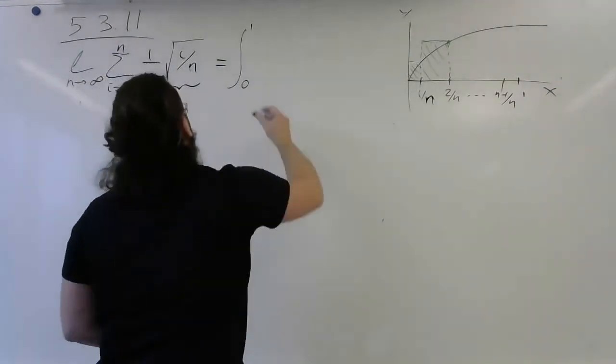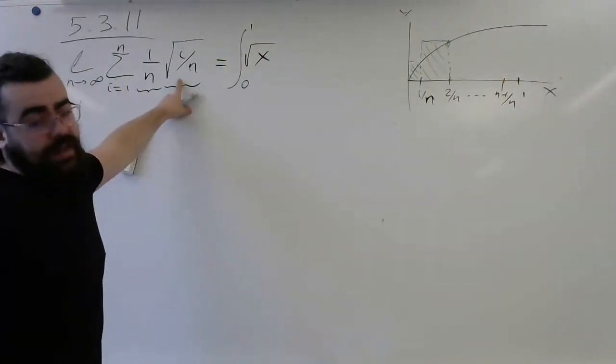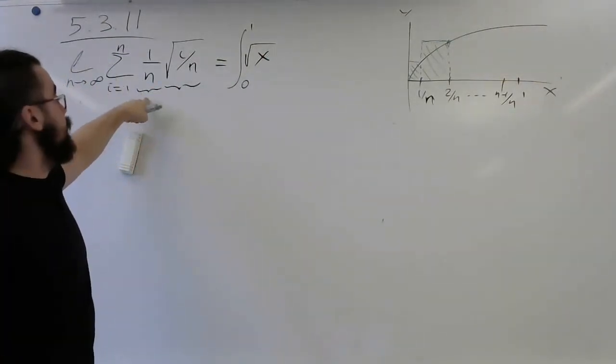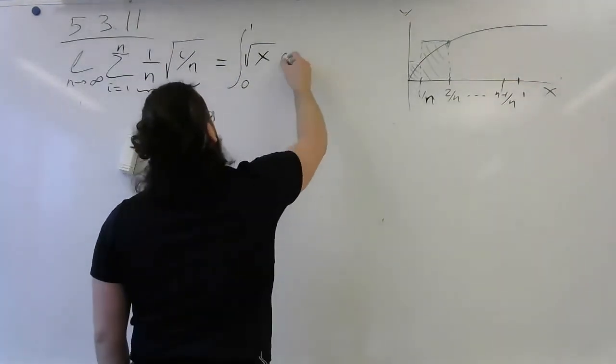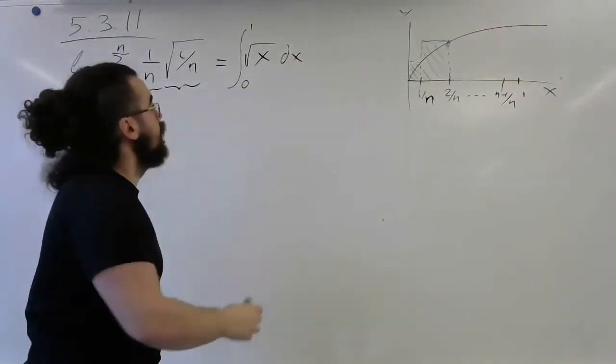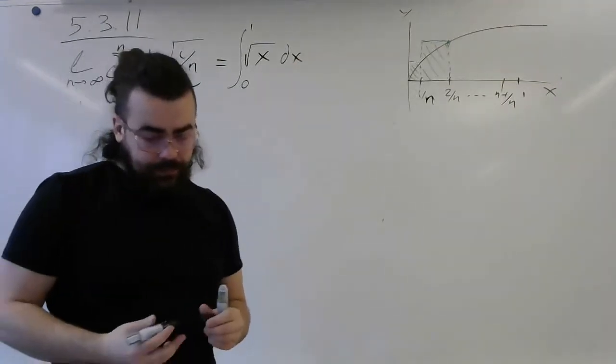And our function here is square root of x, because it's the one that defines the height. The base is fixed, the height is determined by the function, and since this is an integral, we add the dx at the end, which means with respect to x.